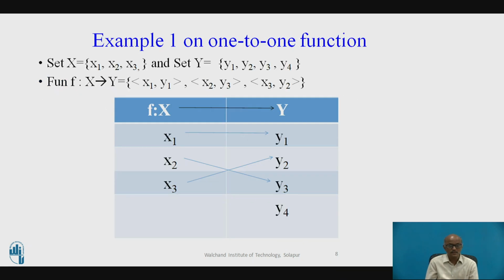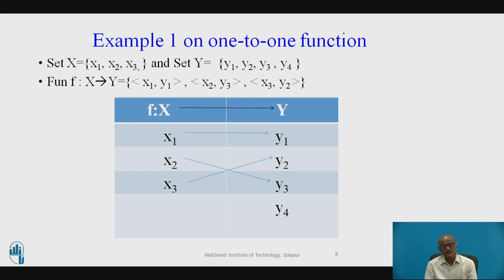Now, let us focus on example 1 on one-to-one. Suppose set X has the elements x1, x2 and x3, and set Y has y1, y2, y3 and y4. Four elements are there in set Y and three elements in set X, and the function is defined from set X to set Y. x1 is mapped to y1, x2 is mapped to y3, and x3 is mapped to y2.